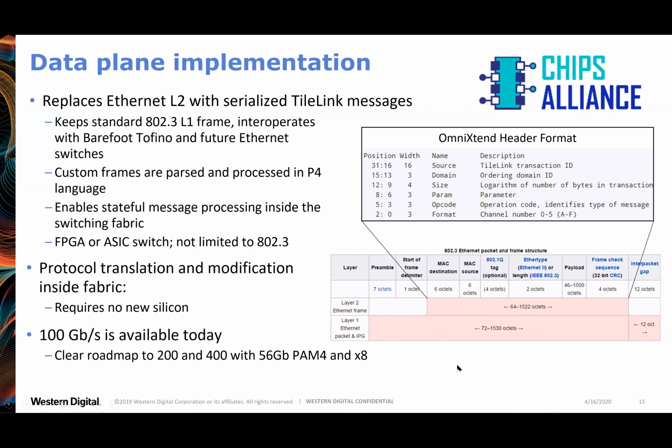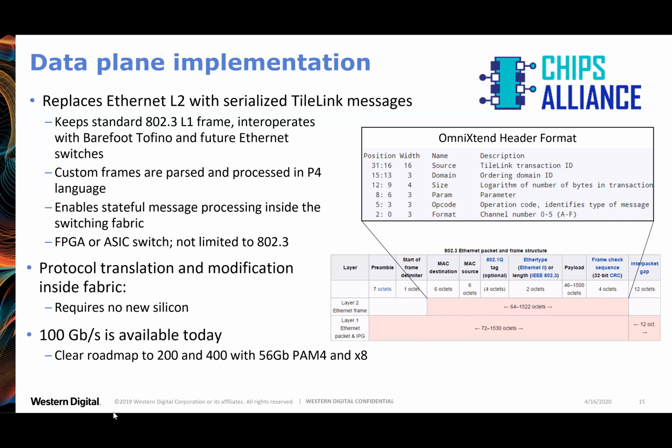And also that would be widely available without everybody having to make SoCs. And so essentially we converged on Ethernet, and the reason being that that's pretty much the only fabric out there that's completely open, unencumbered, and it's really widely available. It does have some quirks: there's no in-order delivery, and it's not a reliable fabric, but we can work around these things. And then essentially what we do is we just package these Tilelink messages into L2 frames, and we call that OmniXtend.